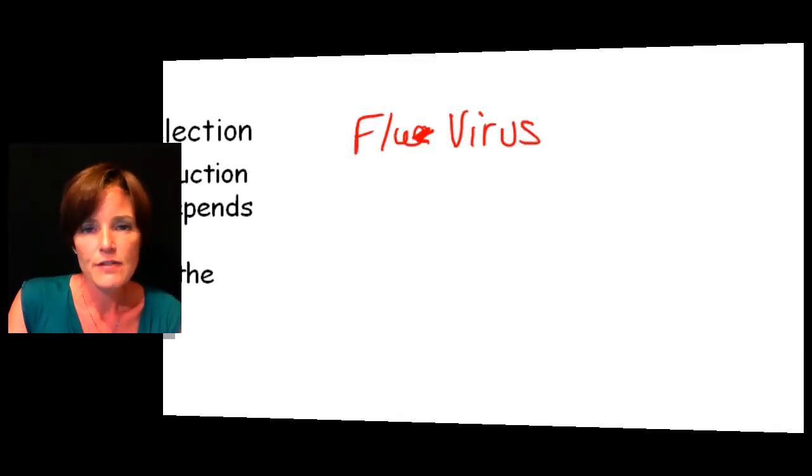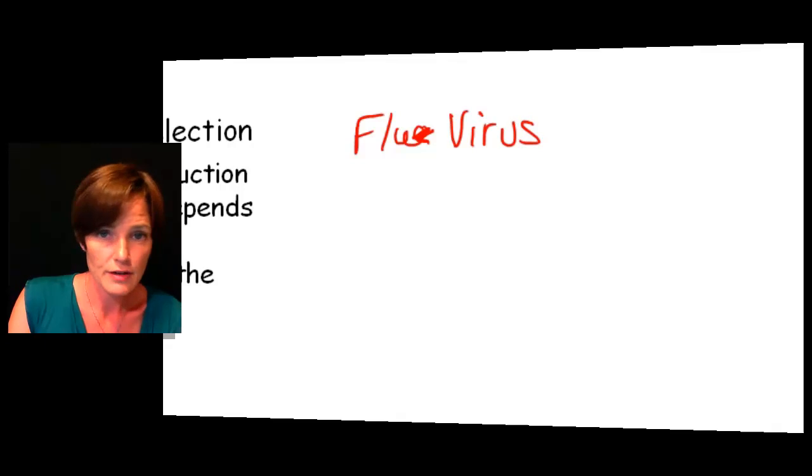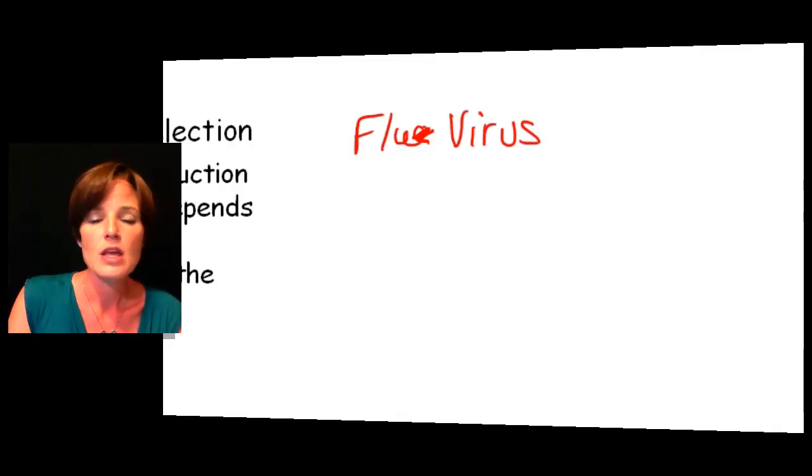If the flu virus replicates a lot and passes to a lot of individuals and becomes very common, then a lot of individuals in the population are going to develop some immunity to it. Okay, so they're going to make antibodies. They're going to be sick for a little while, but they're going to get over it. Once all these individuals develop immunity to a specific form of the flu virus, it's going to be very difficult for that flu to continue to multiply and pass to new individuals, because everybody now has immunity to this.